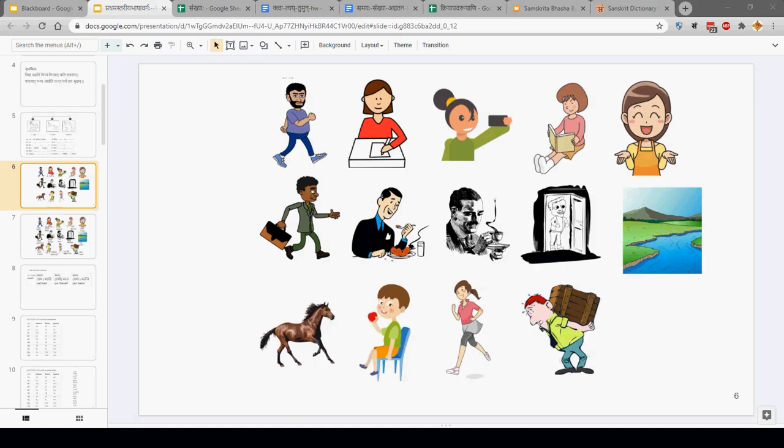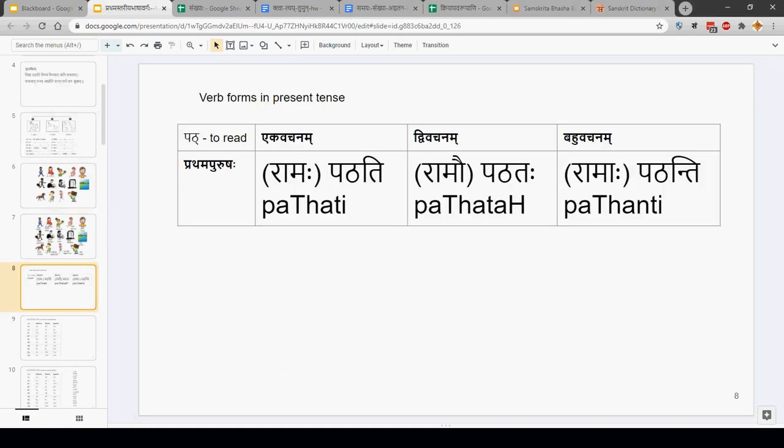So, quick note about Bahuvachanam of nouns. I'm not sure whether we went through it in more detail, but we know now the Kriyapadam: Ekavachanam, Dvivachanam, Bahuvachanam.